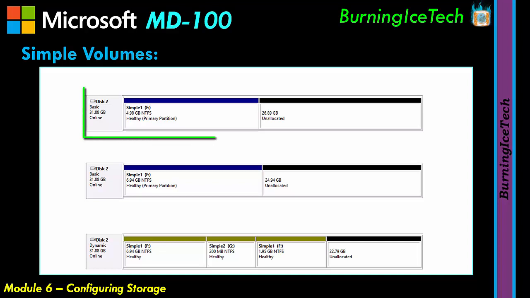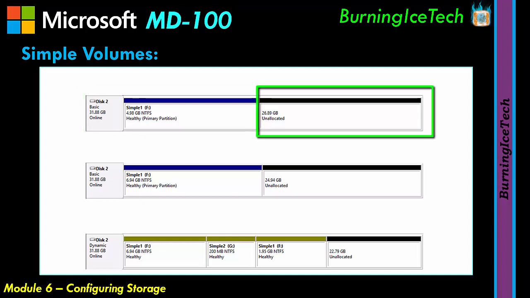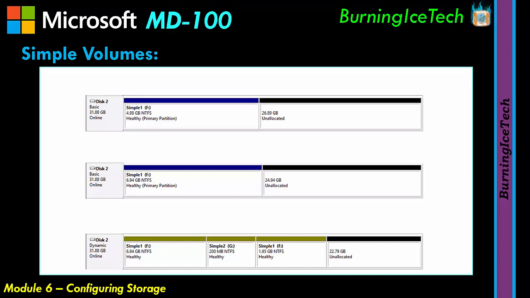The first one we can see is blue, and that is formatted. The second is black and says unallocated, so it's currently not in use. And it's also not going to be listed if you go browse this PC. So this setup is a simple volume that encompasses available free space from a single, basic, or dynamic hard disk drive.